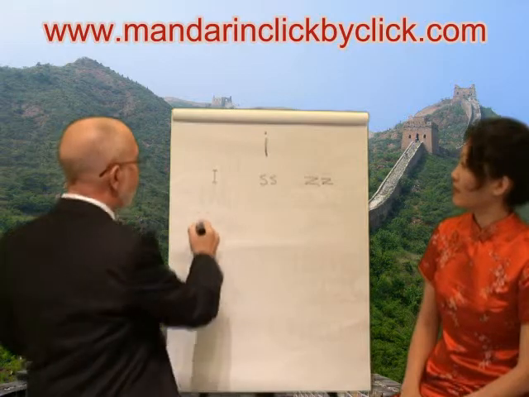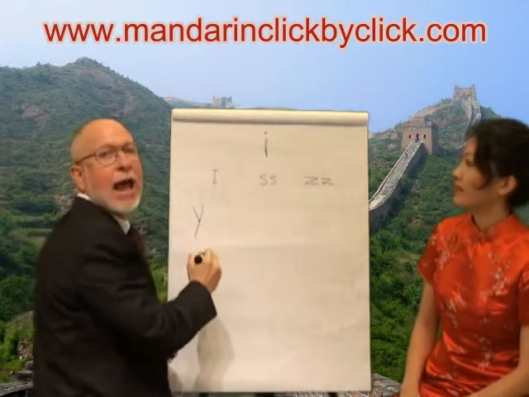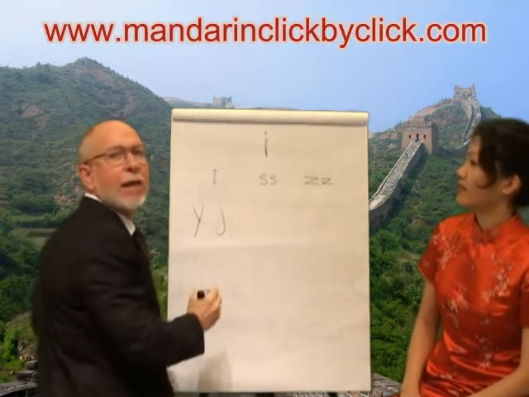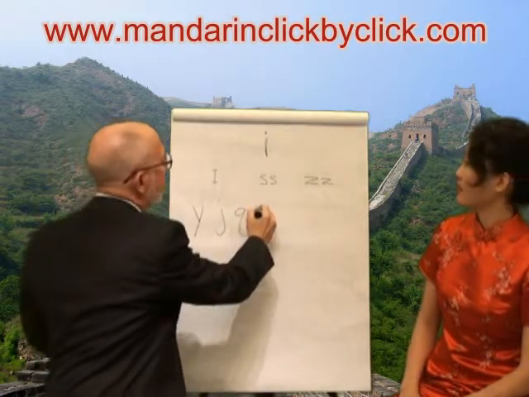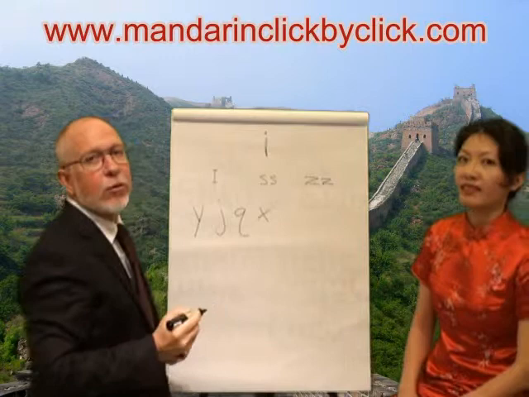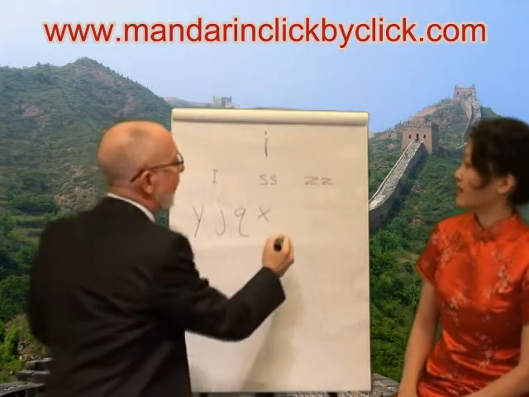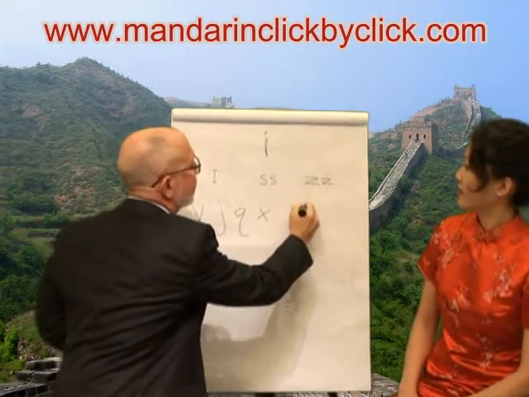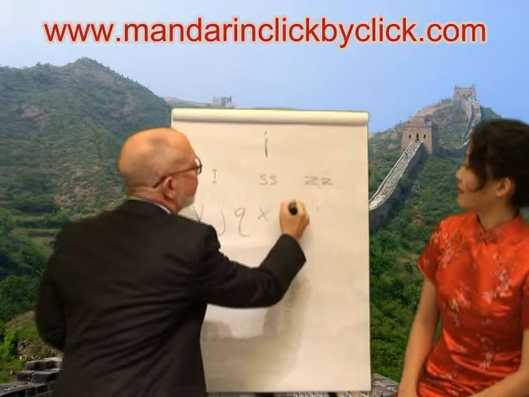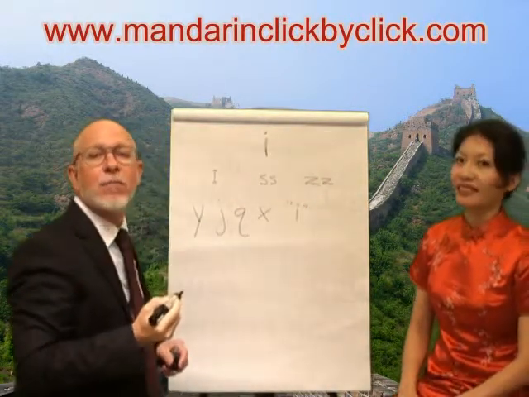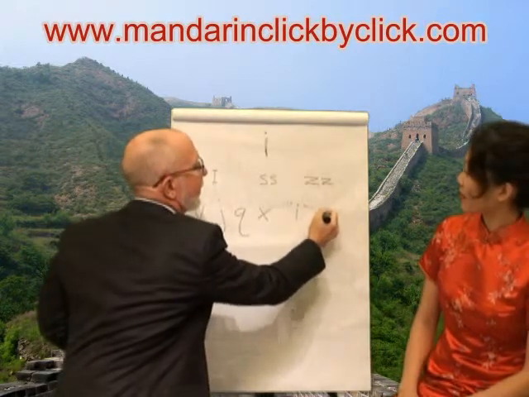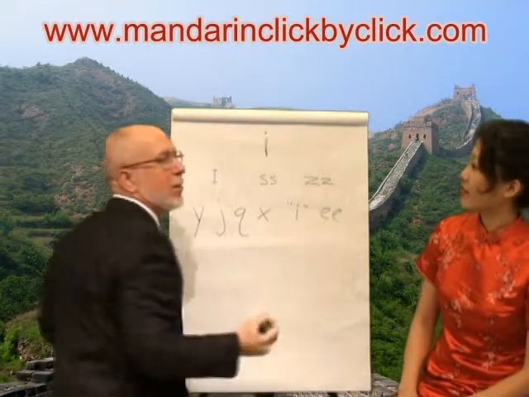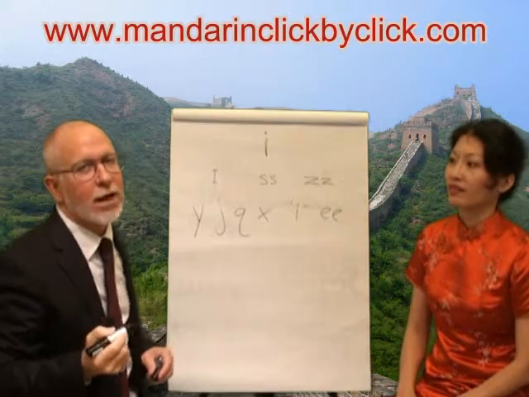Now, after Y, after J, after Q, and after X, Chinese pronounce it like E, like the E in machine. In English, sometimes we would say E strongly, like this, but that's a little bit strong for Chinese.